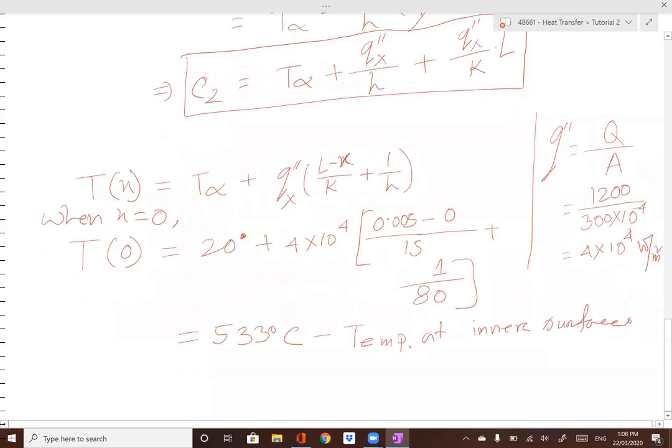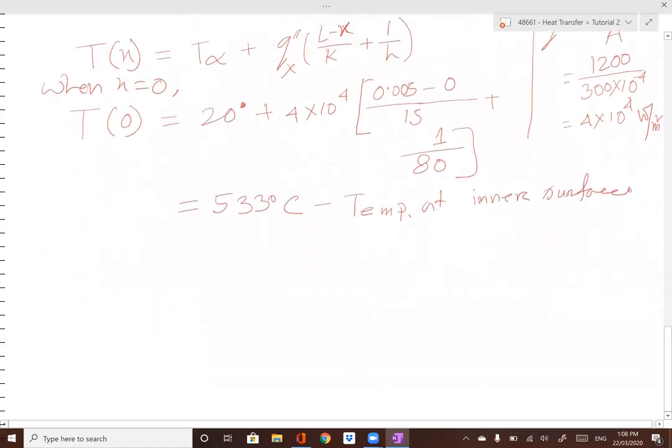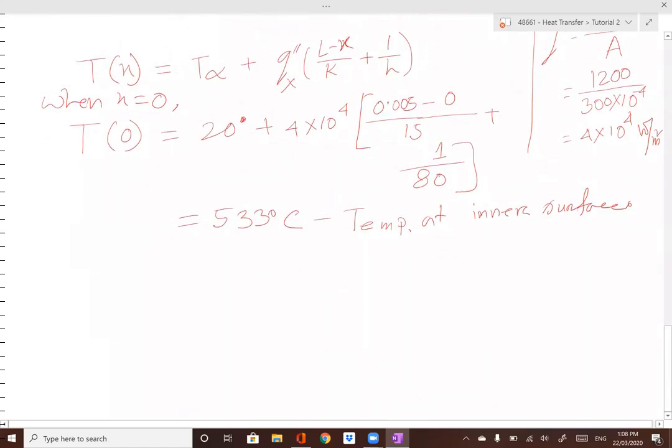Okay, now we'll also calculate the temperature at the outer surface, that means when x equal to L. So the temperature will be 20, same formula. Now we use x as L, plus heat flux, 4 times 10 to the power 4.